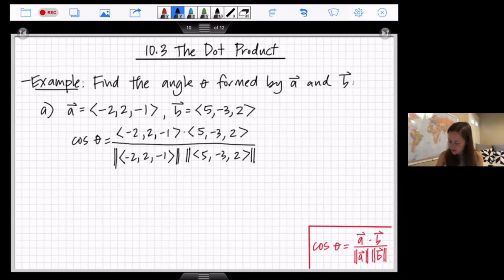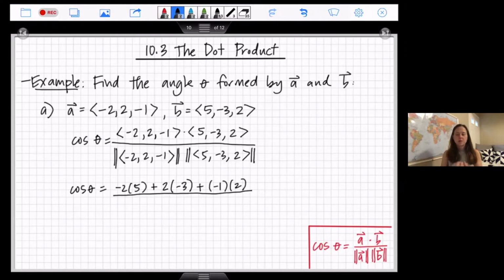So that means that cosine theta, let's just do these calculations, dot product on top. We're just multiplying component-wise. So multiply x components, add, multiply y components, 2 times -3, multiply z components, and add -1 times 2. We'll do that arithmetic in a minute.